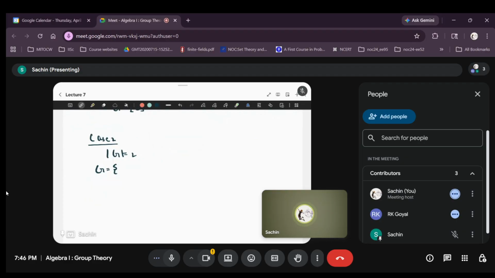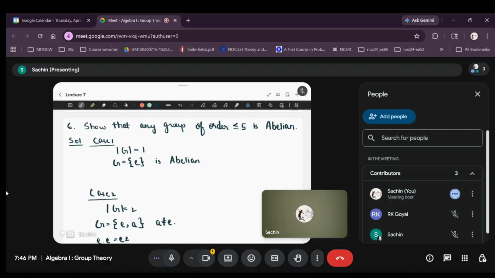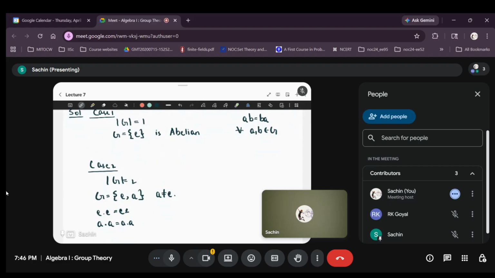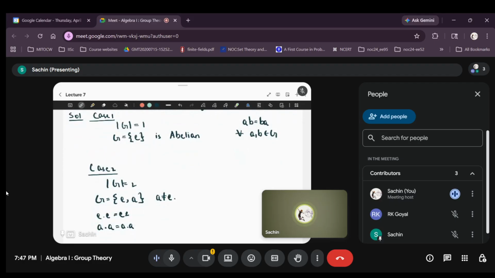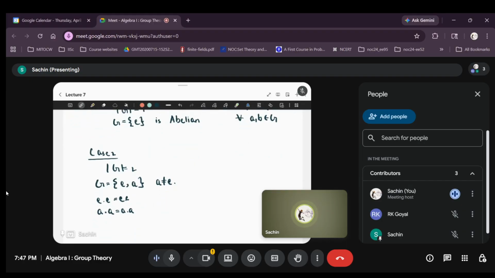With some symbol, let's say E and A, where A is not E. So in this case, we have E equal to EE, so E commutes with E, and A times A is simply A times A, so A commutes with A. We want AB equal to BA for all A, B in G. If you select both A and B to be the same element, it's trivial that they will commute. The only problem is when you take two different elements.